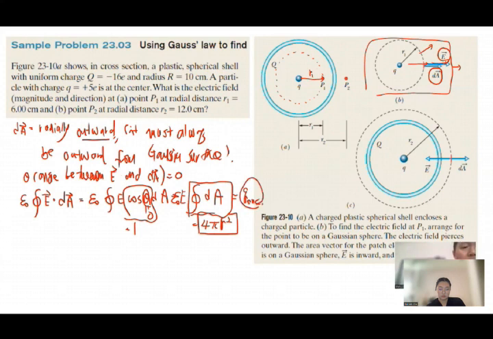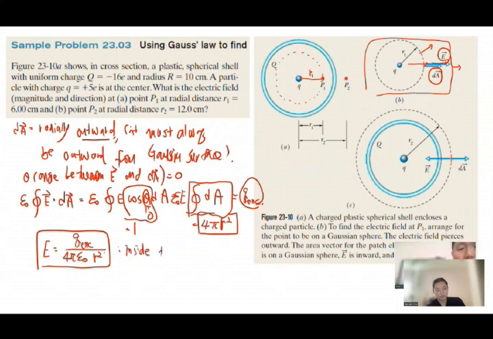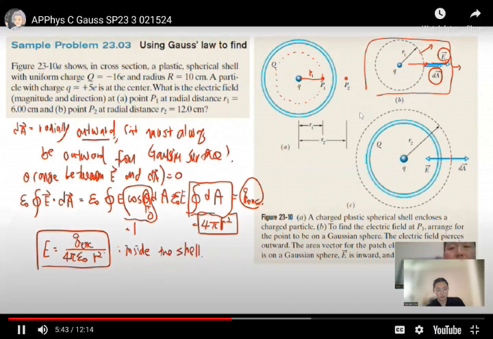From that, the electric field can be expressed as Q, the point charge, divided by 4 pi epsilon naught r squared. That is the electric field inside the shell. Now let's take a look at the electric field outside the shell.